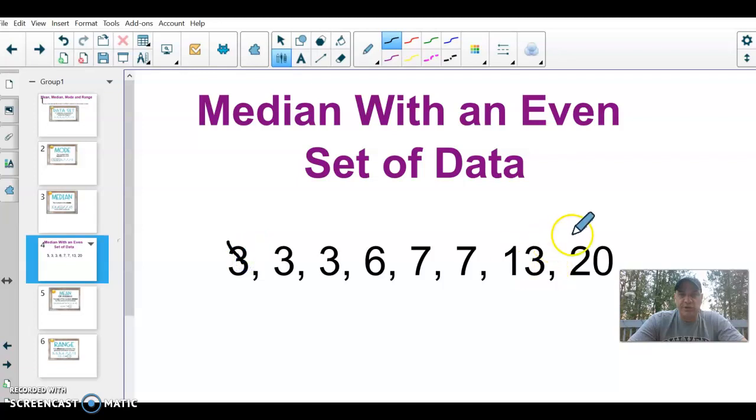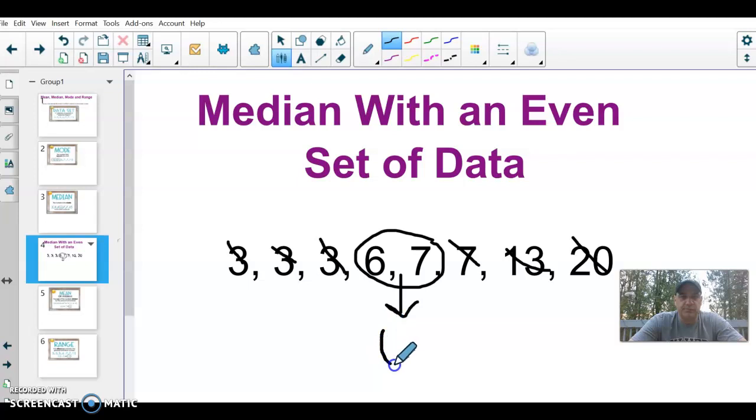Take away 3 there, 20, 3, 13, 3, 7. Uh-oh. I have 2 numbers in the middle. I have 6 and 7. So what I ask myself is, what's halfway between 6 and 7? And you got it, 6.5, 6.5.